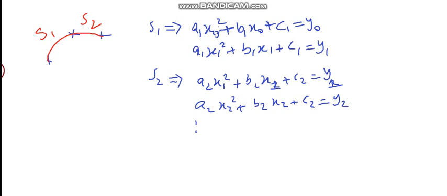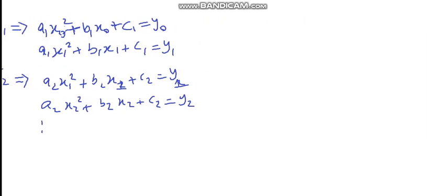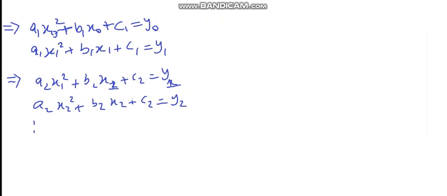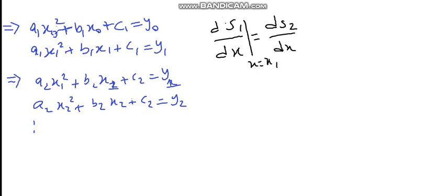And we also have another equation correspondingly for the different nodes. At nodes we have the condition that ds1 by dx will be equal to ds2 by dx at x equal to x1.